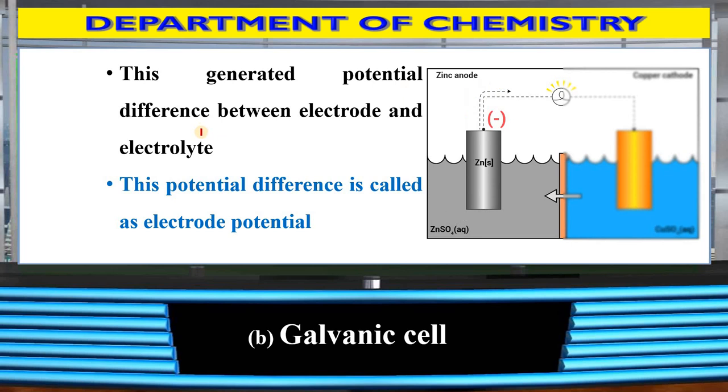This generated potential difference between the electrode and electrolytic solution is called the electrode potential. Electrode potential means that when the rod comes in contact with the electrolytic solution, the metal on that rod goes into the solution, and the electrons removed from that metal go towards the anode, and this generates the potential difference between the electrode and electrolytic solution.